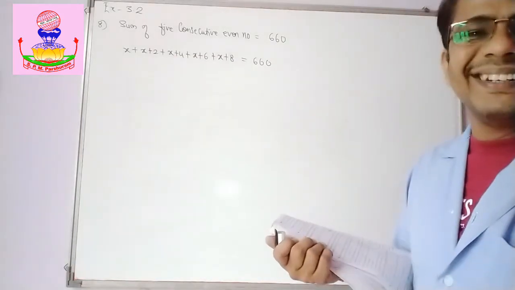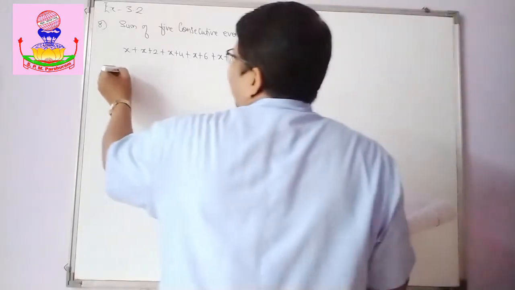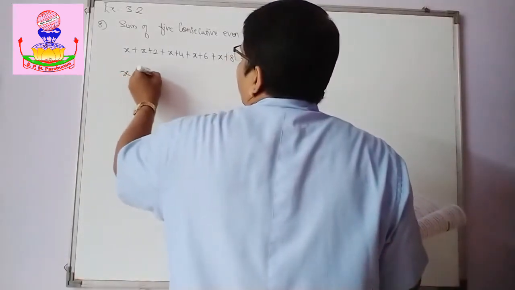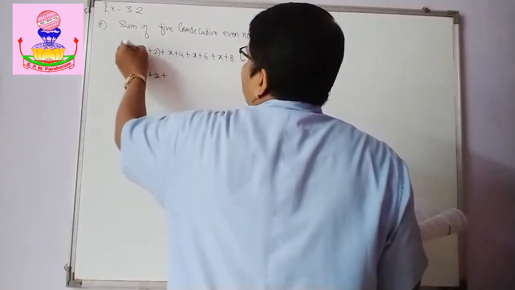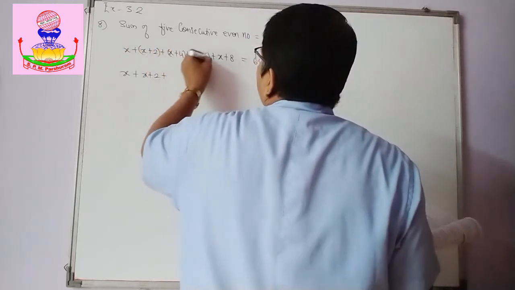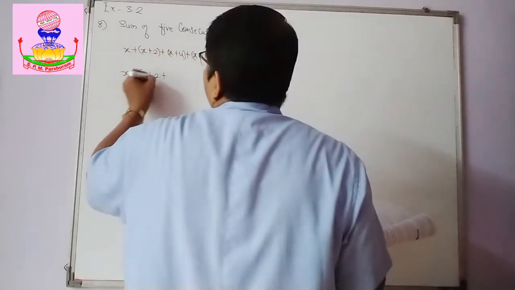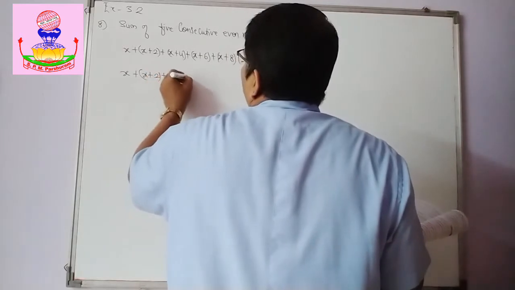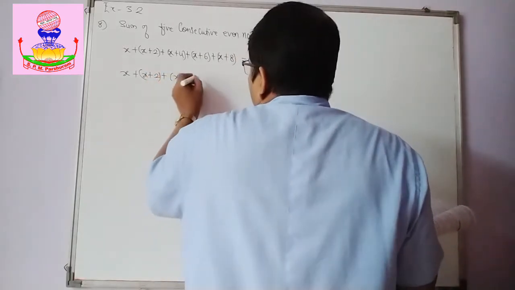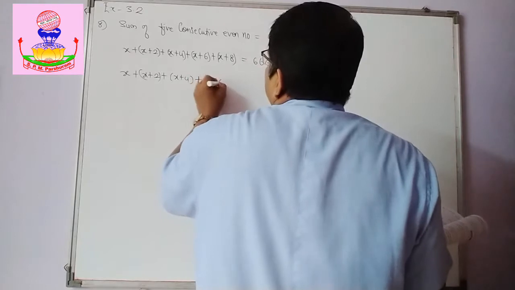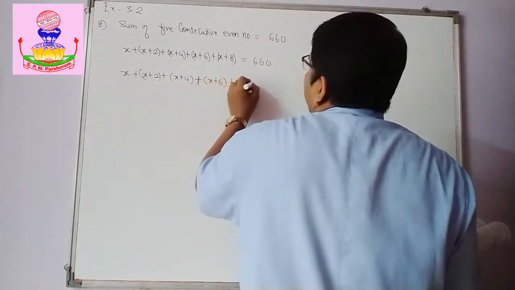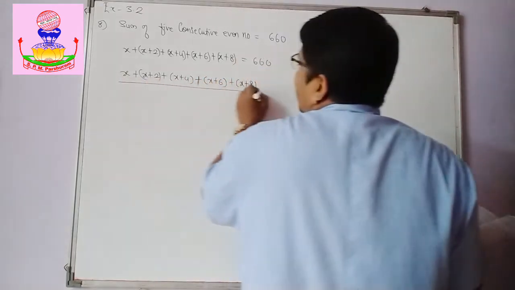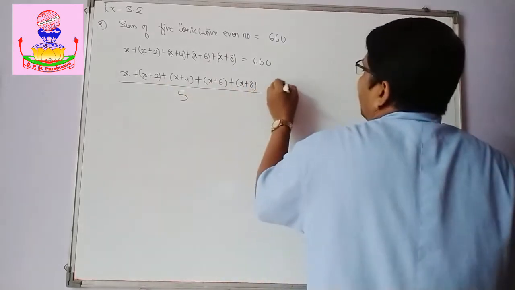Suppose I divide both sides by 5, what will happen? I'll put brackets so that you will understand there are 5 different numbers: (x plus 2), (x plus 4), (x plus 6) and (x plus 8). Now what I said, we will divide it by 5.